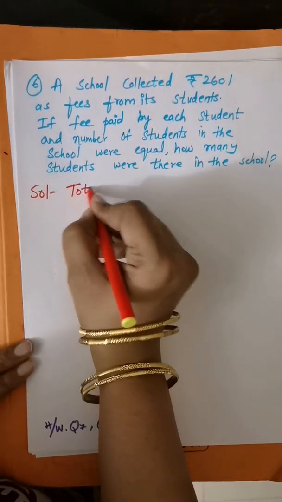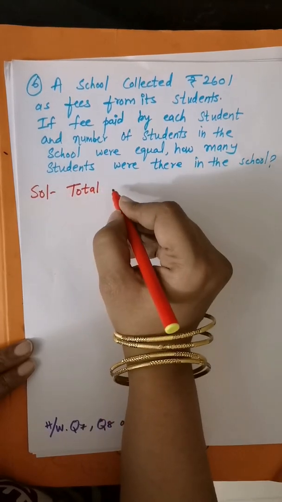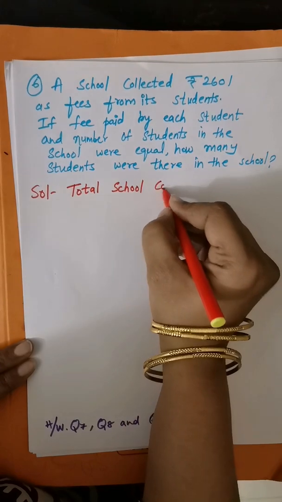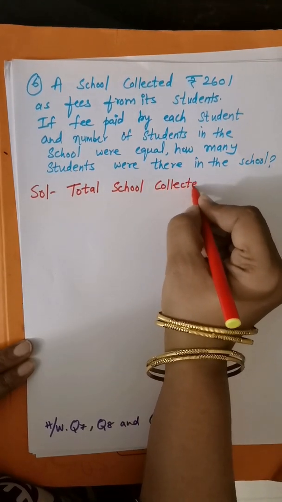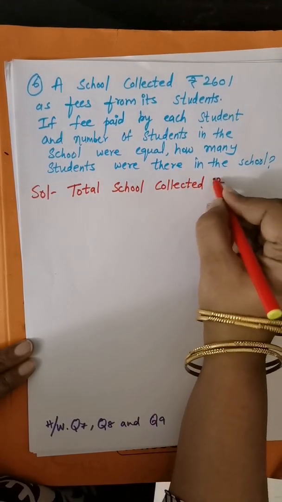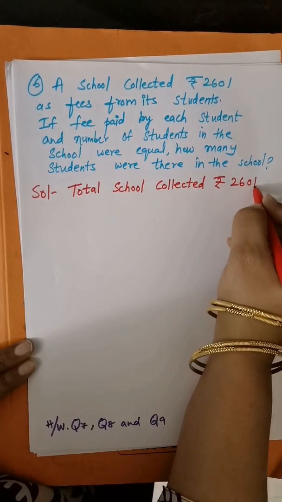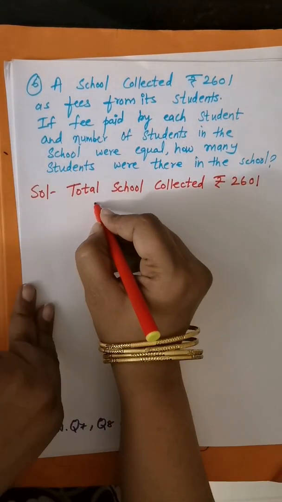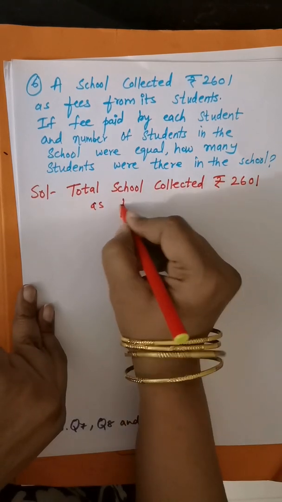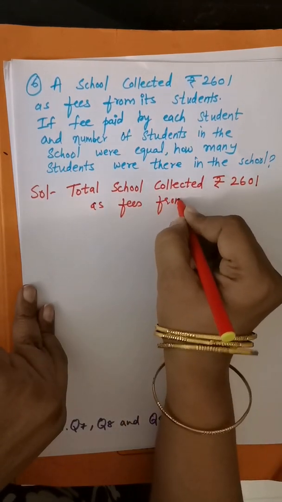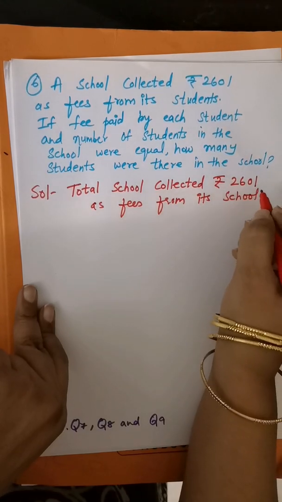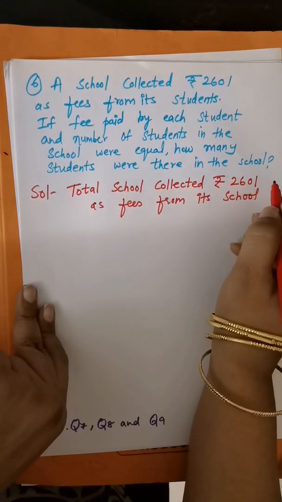Total fees collected is given. The school collected rupees 2601 as fees from its students. So total fees collected is 2601.